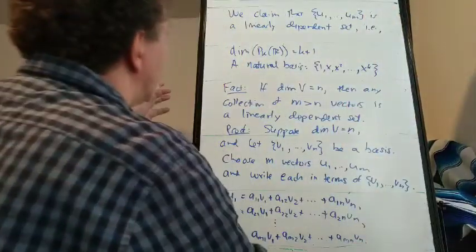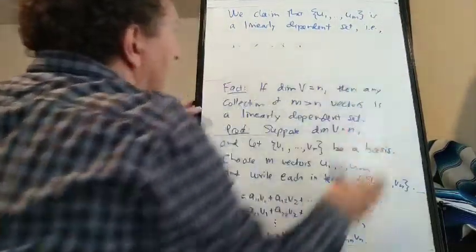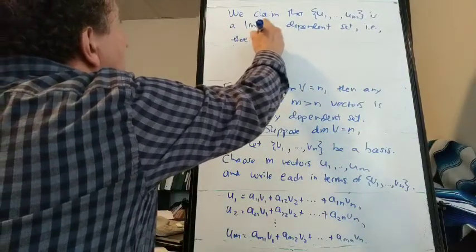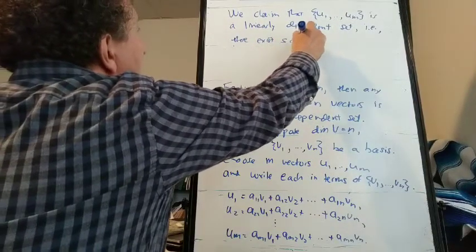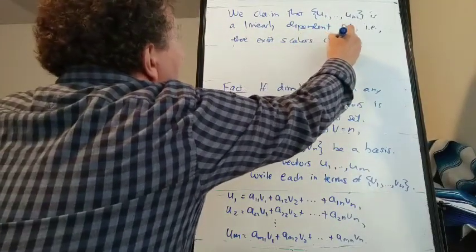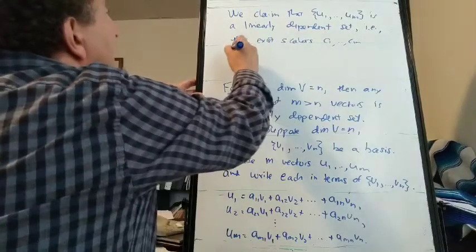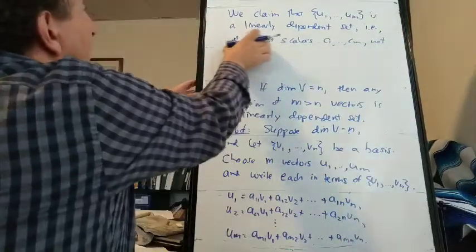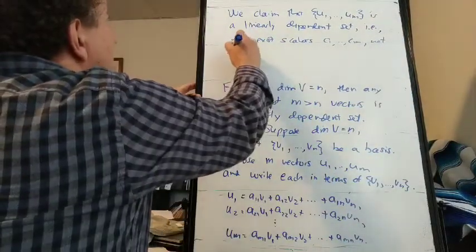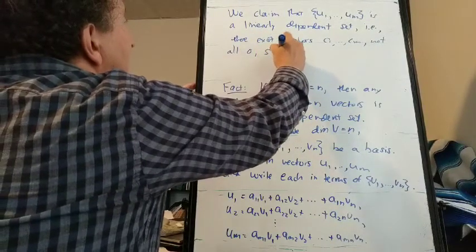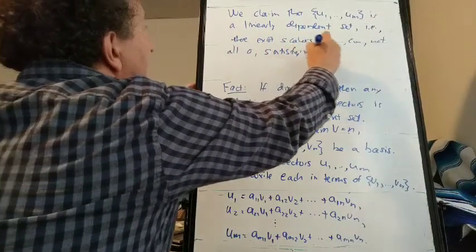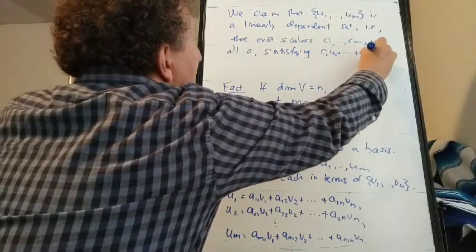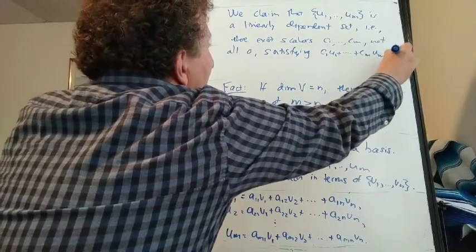In other words, there exist scalars c1 through cm, not all 0, satisfying c1u1 plus dot dot dot plus cmum equals 0.